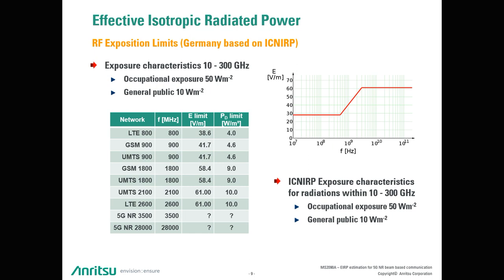In the other modulation methods mentioned, the peak to average ratio, referred to as the crest factor, is typically 10 to 13 decibels, which is equivalent to a factor of 10 to 20 for the transmit power and for the emissions as power flux density.